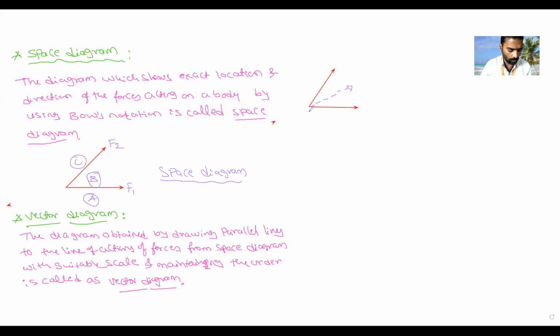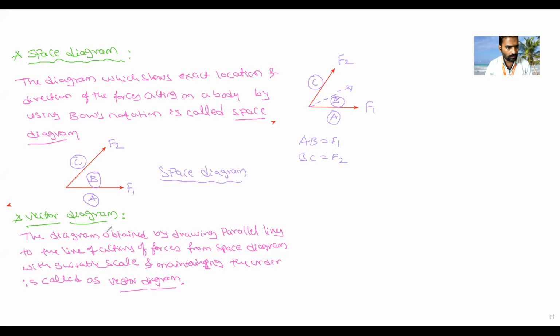So this was given in the problem, that is A, B. So that is AB force, that force is F1. That BC force, this force is F2 force. So AB is equal to F1 and BC force is equal to F2. This is the space diagram. So from this space diagram, I have to convert this into a vector diagram.